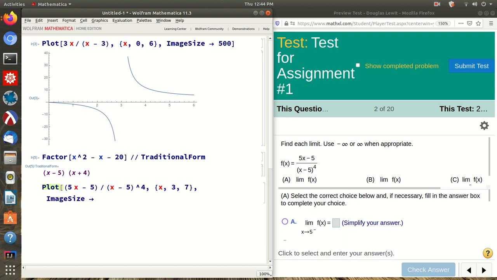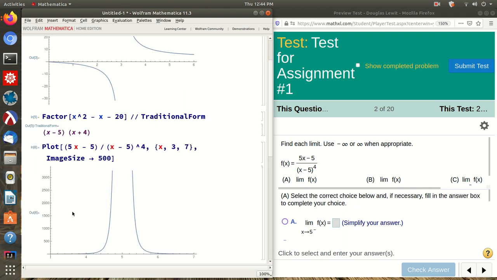Image size is, how about 500 pixels? Okay. So as we can see, this function really explodes up to positive infinity, whether we approach the limit from the left or from the right.